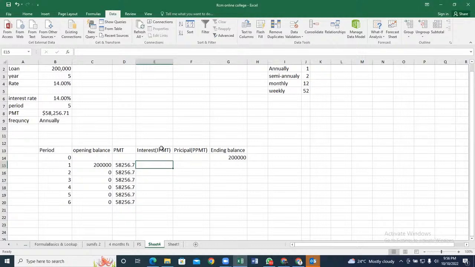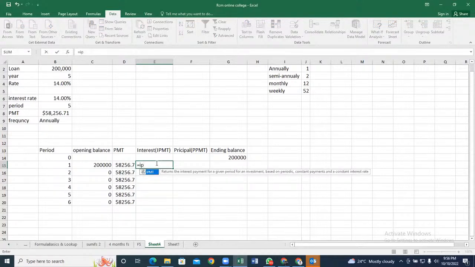So we are going to use whatever is in bracket. If you see the name of interest, in bracket we have IPMT. That IPMT will help us get the same interest amount that we got when using the manual method. So how are we going to do it? We say equal to IPMT, and it appears there.